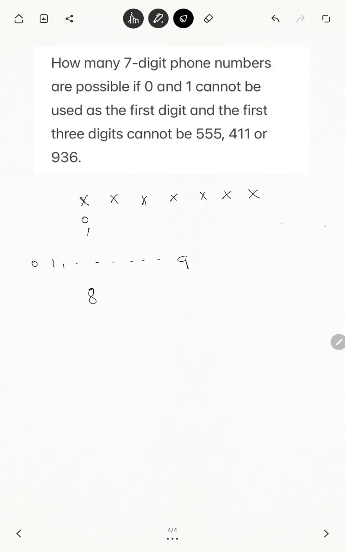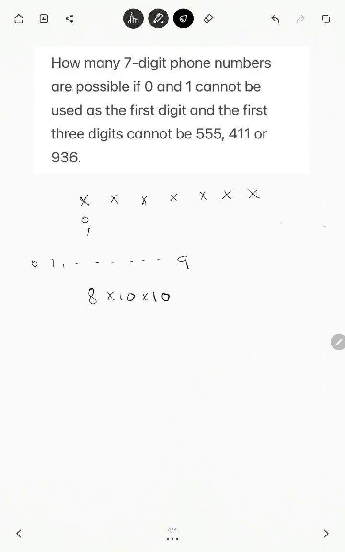Now, after this, there is no restriction on the digits. They can be repeated, non-repeated, anything, right? So for the second place, we have 10 options, 0 to 9, 10 digits. For the third place also 10 options.